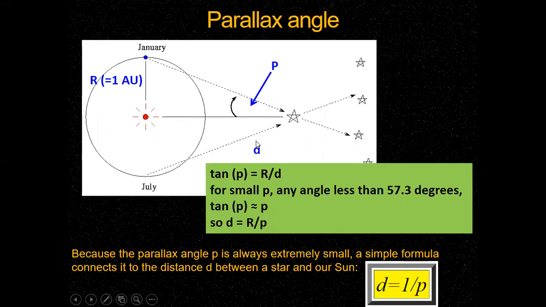So this D represents the distance from the sun to the star, and P is the parallax angle. Once you know the parallax angle, you may calculate the distance to the particular star from the Earth. Then you can use other trigonometric functions to calculate other distances if we need.